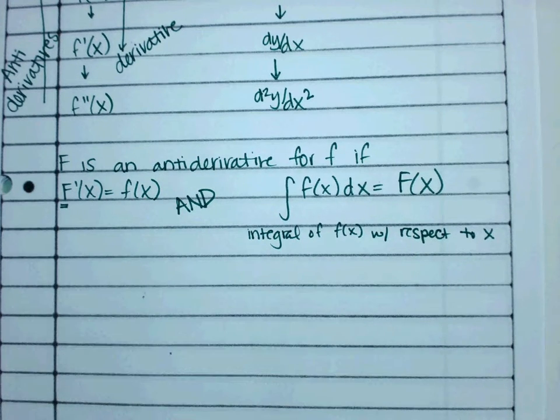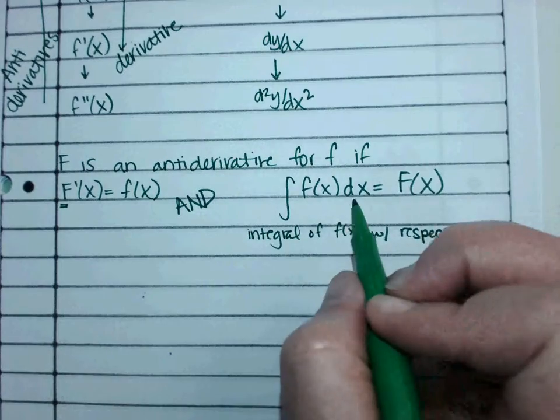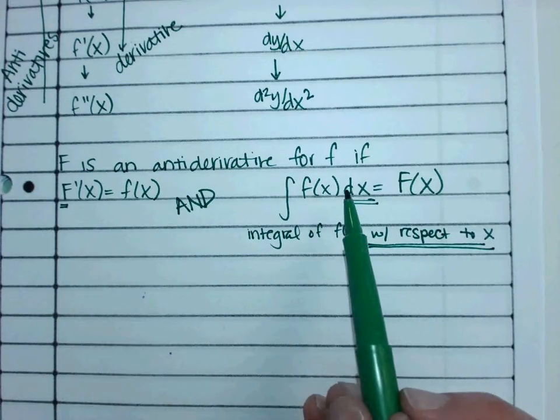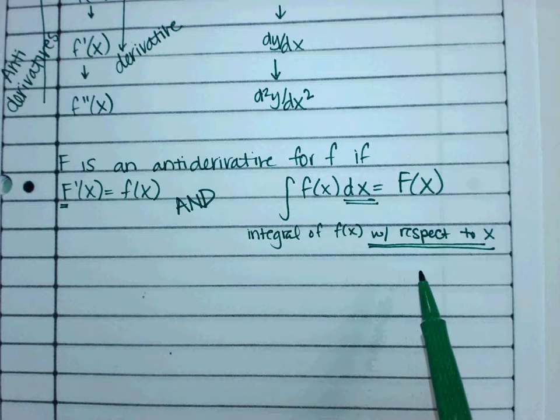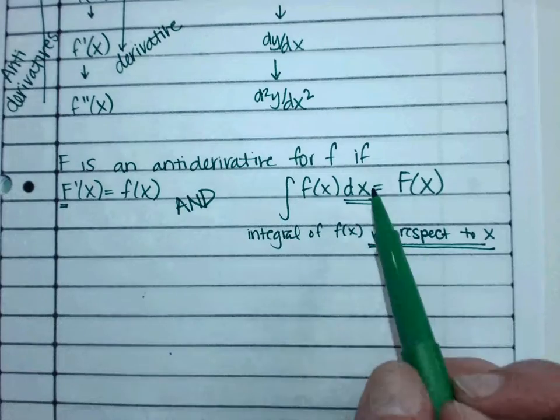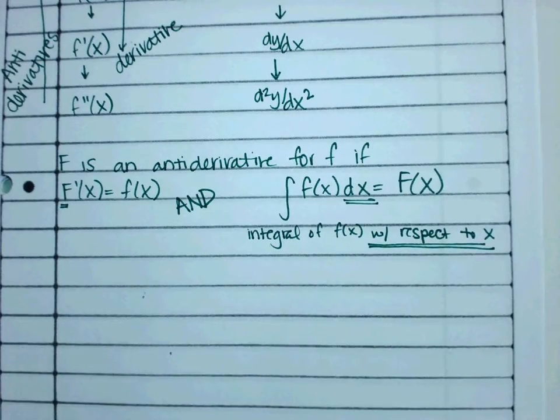The integral is the long, skinny S, and the dx is the with respect to x. Now, what if this said dt? Then it would be with respect to t. Or if it was d theta, it would be with respect to theta. So whatever's at the end is just telling you what your variable is.